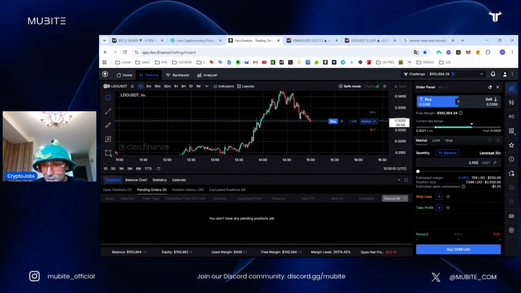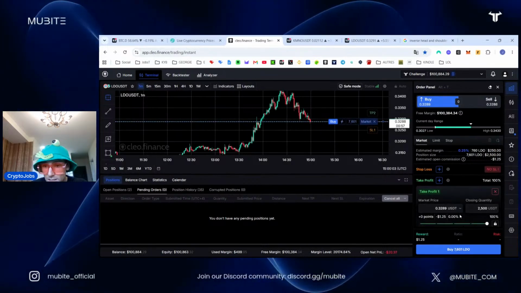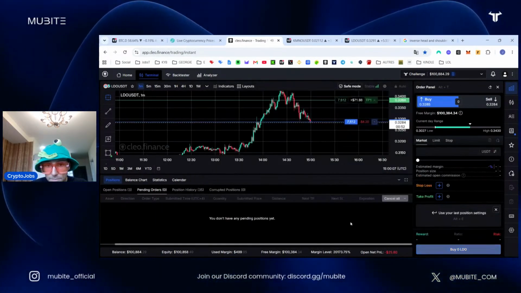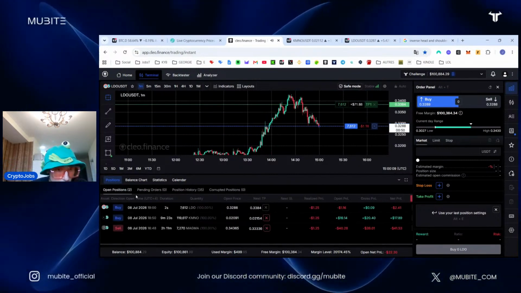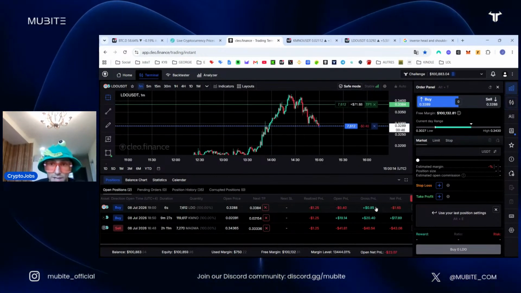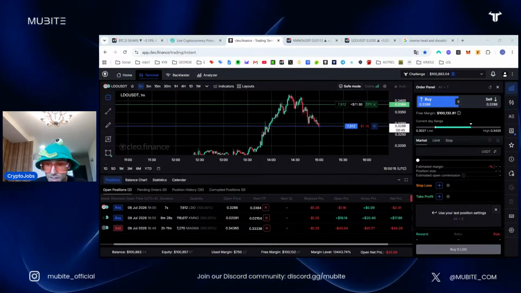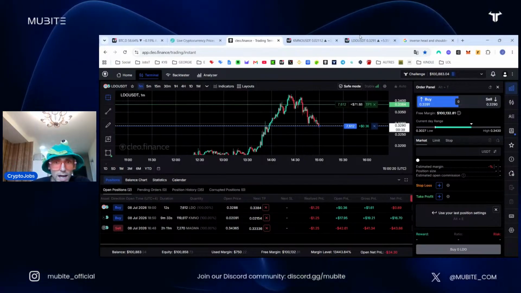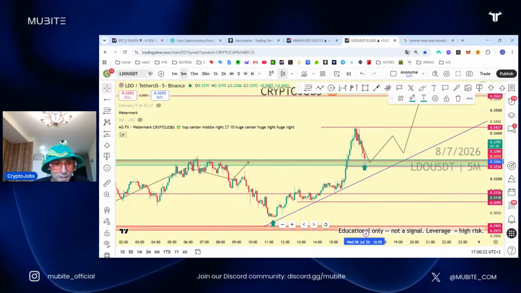So you see, I'm targeting 75, 3% up. So I'm now in position on LDO, market order. Not financial advice. This is my trade. If you want to follow, do it at your own risk. What will happen, in my opinion, is exactly this.